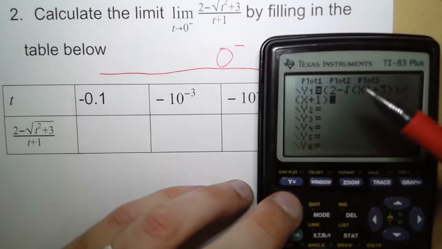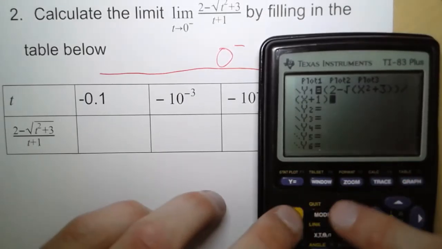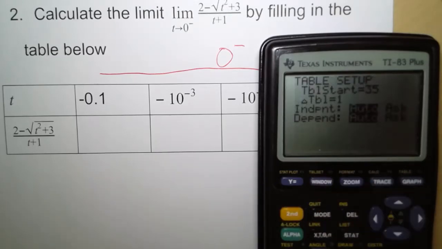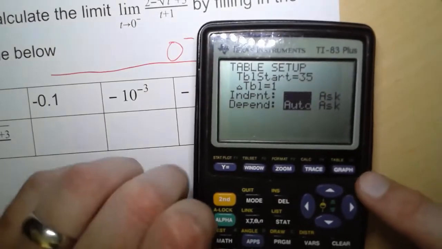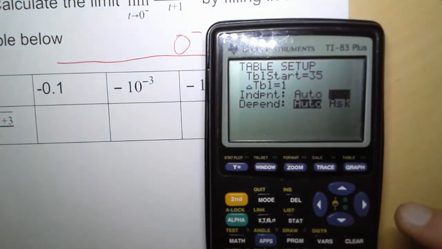What we're going to do is have the calculator set up a little table for us. So to do that, we're going to press second window. That's going to be our table setup. Now, go down to independent and go over to ask. Set that.